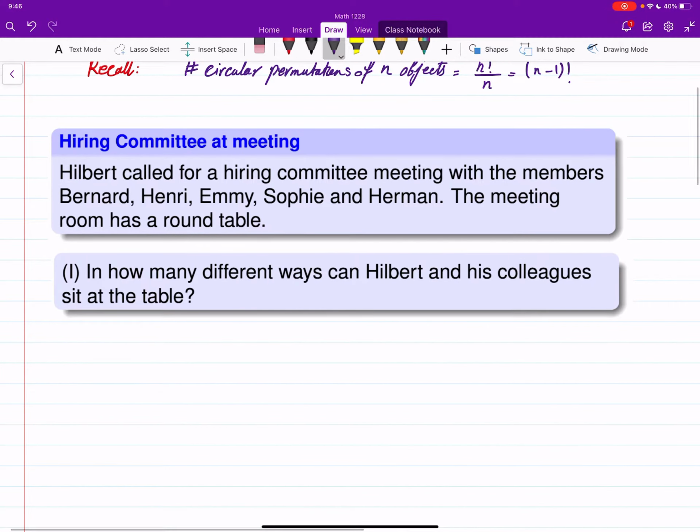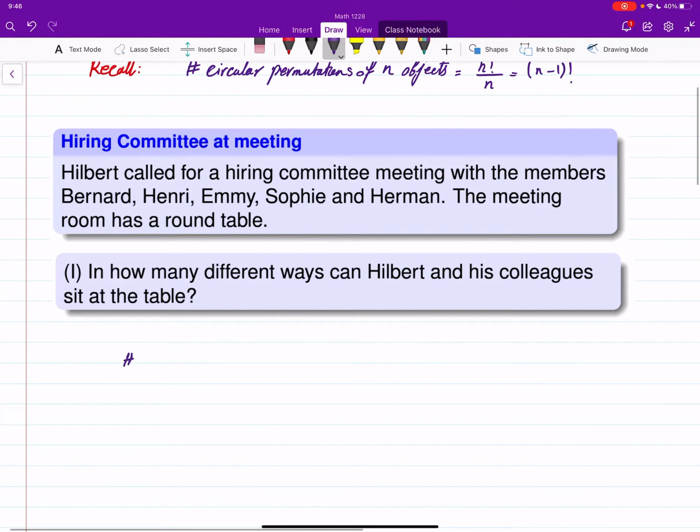Hilbert called for a hiring committee meeting with the members Bernard, Henry, Emmy, Sophie, and Herman. The meeting room has a round table. In how many different ways can Hilbert and his colleagues sit at the table? Okay, so this is exactly the case. The number of people there is, well, Hilbert, 2, 3, 4, 5, 6, so 6.